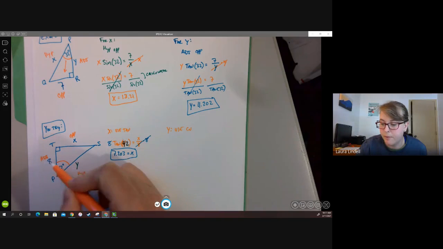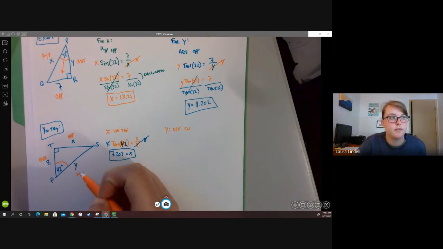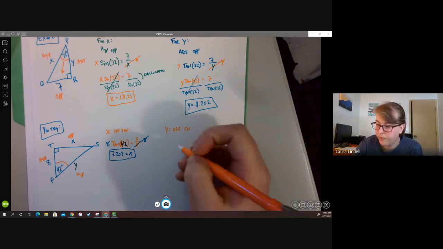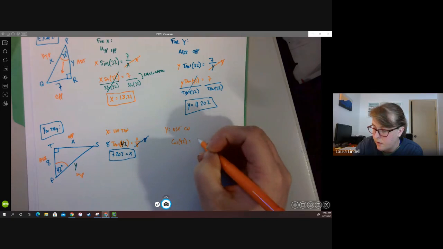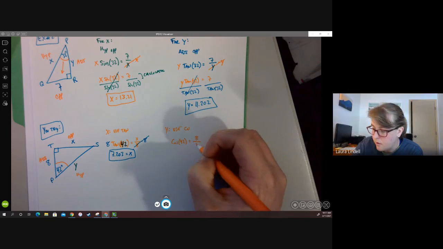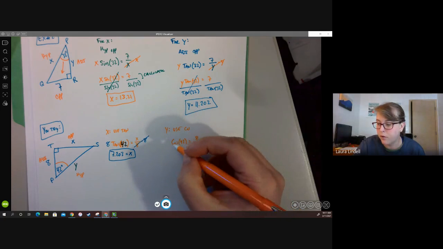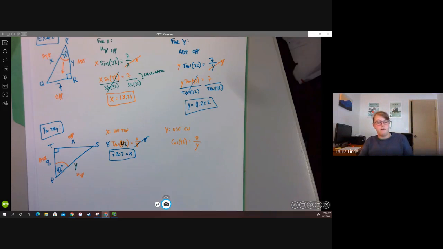You have adjacent and hypotenuse. Adjacent is the one that you know. Hypotenuse is the one you're looking for. So cosine is adjacent over hypotenuse. So if you set up cosine of 42 equals 8 over y, you're on the right track there.